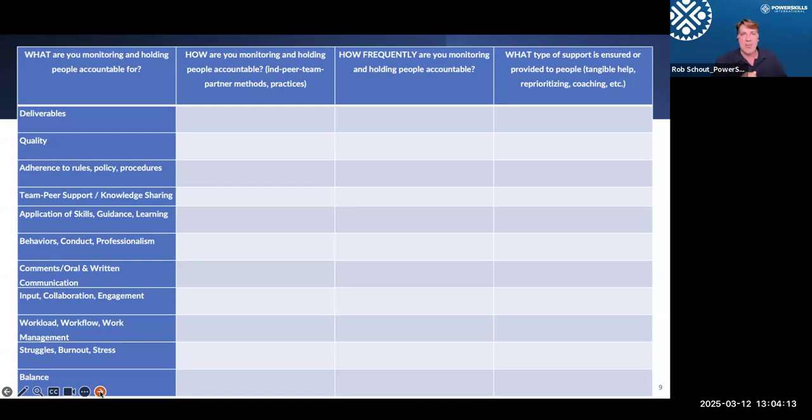So we're holding them accountable for behaviors between each other, conduct that meets the standards of the organization and the ethics of the organization or the laws, and also professionalism, so that they are bolstering the credibility and reputation of themselves, but also everyone else.